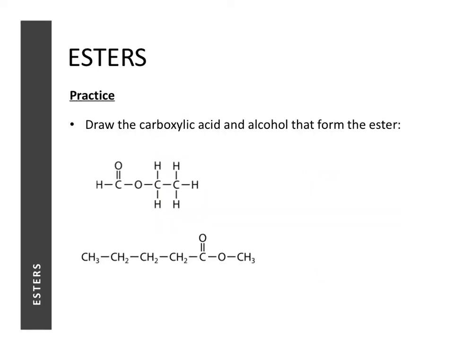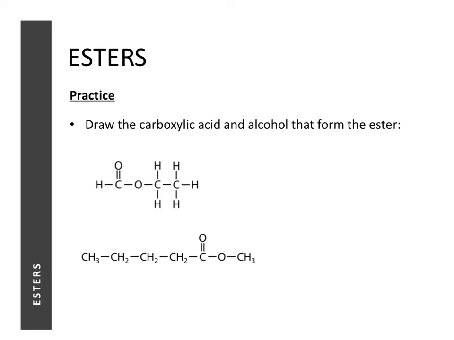Now we practice the opposite. We are given the structure of an ester. We need to draw the acid and the alcohol that forms the ester. Essentially, we are asking you to subject the ester to hydrolysis to get back your acid and your alcohol.